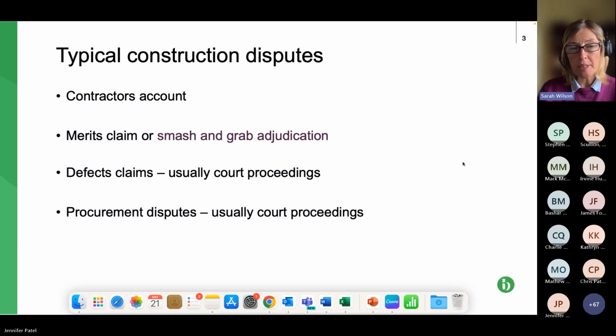If you're tendering for any public sector work, frameworks with local authorities, hospitals, central government, etc., and you are not satisfied with the result of that tendering process, again, that would be court proceedings. So the smash and grab comes into the category of adjudication, but it's very different to that merits claim that we've just been talking about.